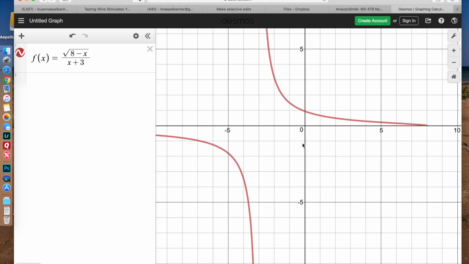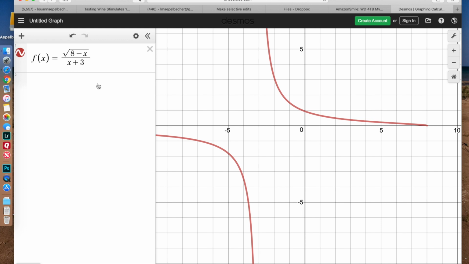Notice that you've got an asymptote here at x equals negative 3, and that's because negative 3 would make a denominator 0. Remember that when you have an x in a denominator, which we'll talk more about in Unit 7, if it's not a hole, it's an asymptote, and a hole only happens when a factor cancels.